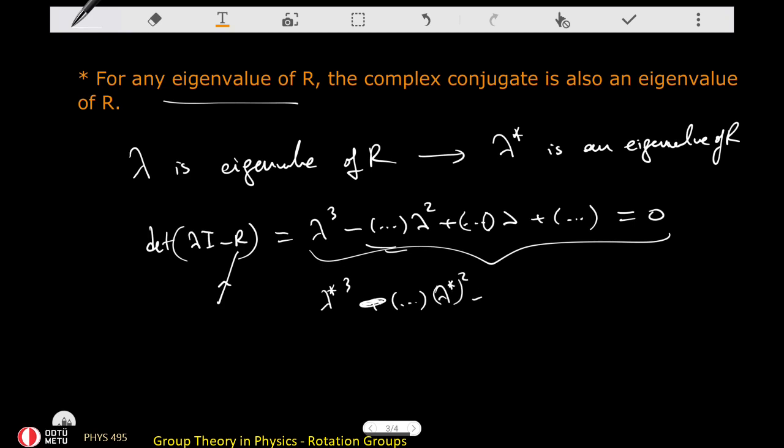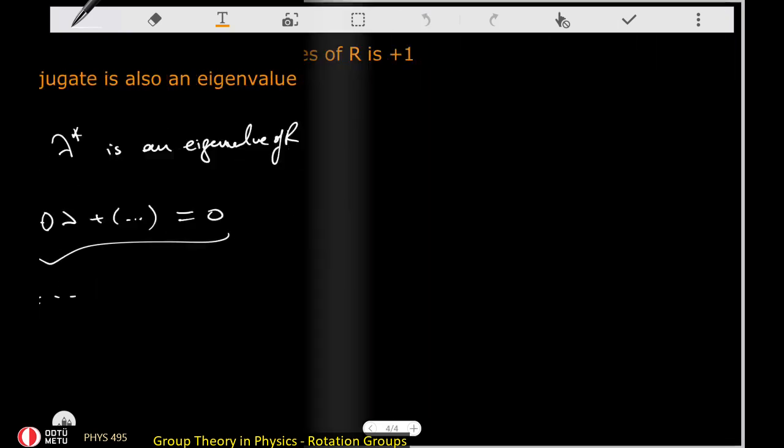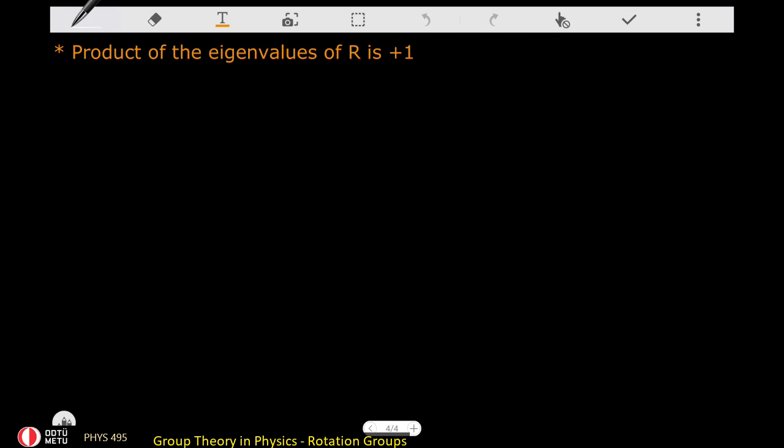So this is one other requirement: for any real matrix, if there is an eigenvalue, then the complex conjugate of the eigenvalue is also another eigenvalue.